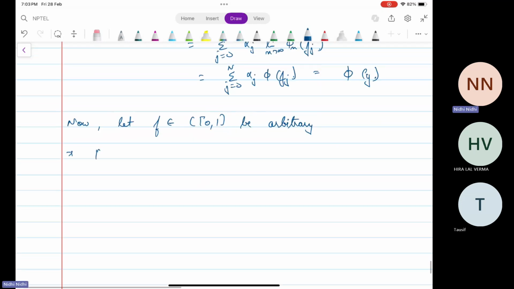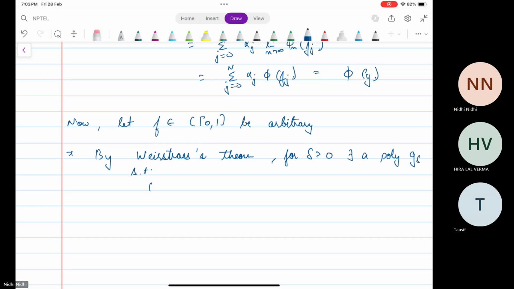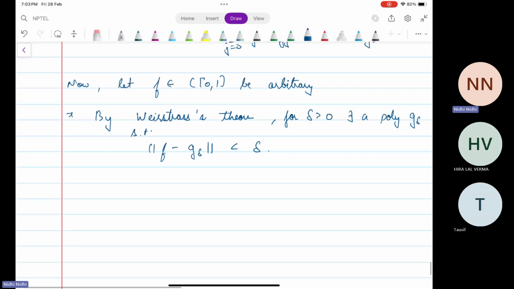This implies by Weierstrass theorem, for delta positive, there exists a polynomial g delta such that norm f minus g delta is less than delta. We wanted to show that phi n f should converge to phi f.